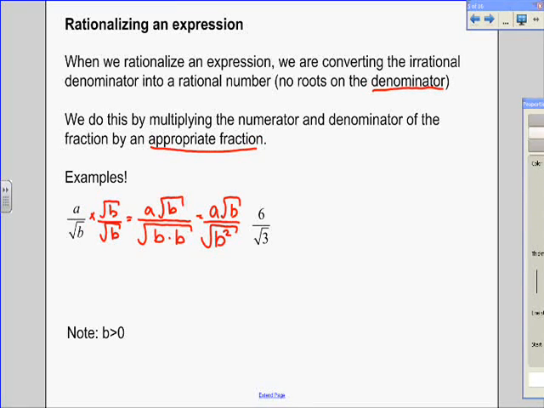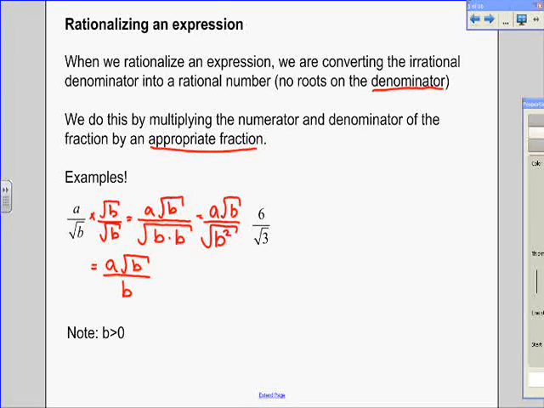When I square something and I take the square root, well, they're opposite operations, so they end up canceling each other out. And what am I left with? I'm left with a root of b over b. So that's what's called rationalizing our denominator. In other words, we are trying to make sure that we don't have any root signs on our denominator.